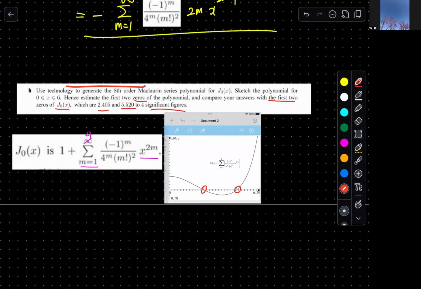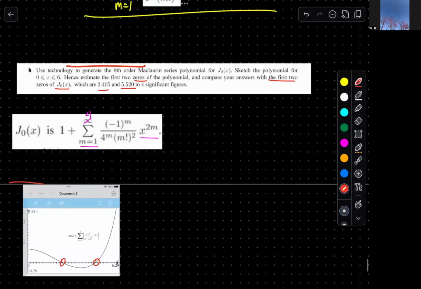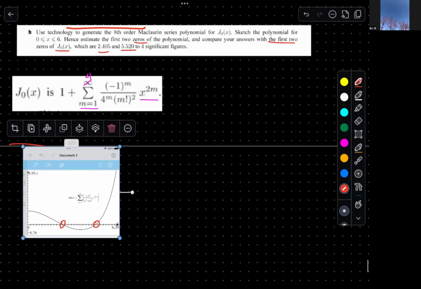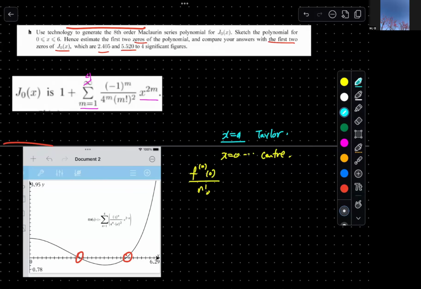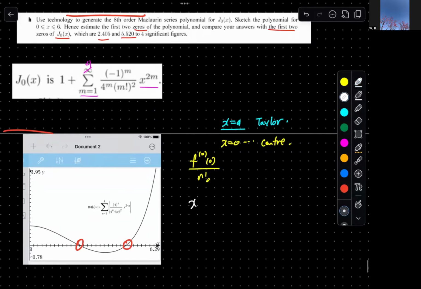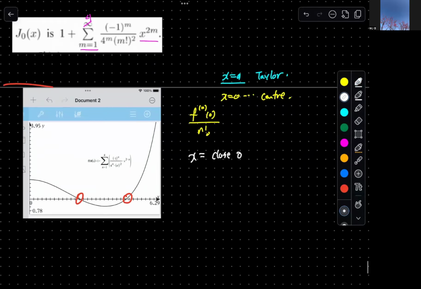But what you know is for the Maclaurin series, the coefficient is defined by the derivative at 0. We call x equal to 0 the center of the Maclaurin series. And for the general case of x equal to a, that's called Taylor series. But when you have an approximation close to 0, then your Maclaurin series doesn't have to be expanded.